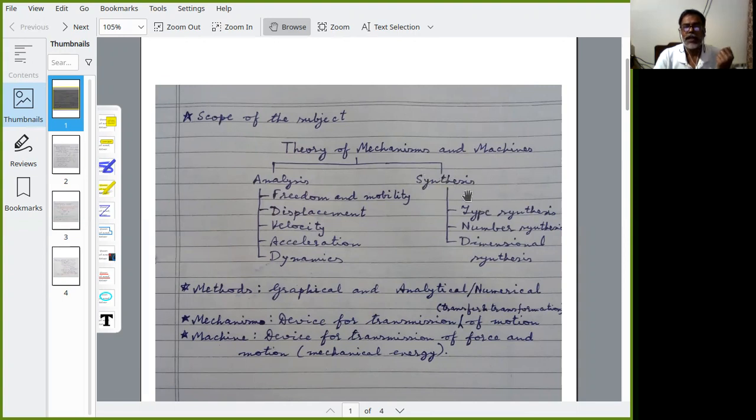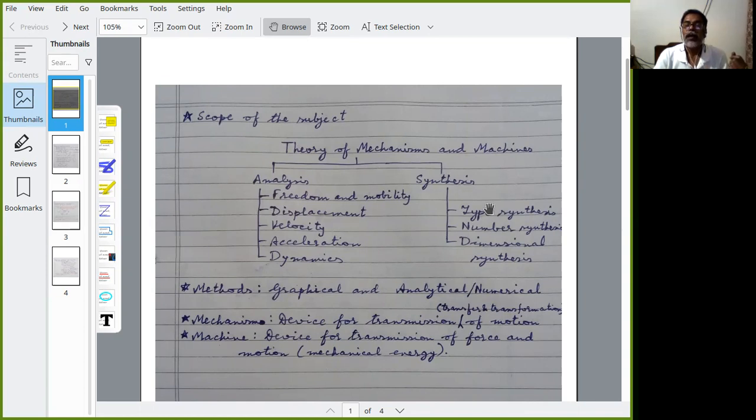And synthesis, that is design of a mechanism, involves several things. One is type synthesis. What kind of mechanism will it be? That is, whether it will have gear transmission, whether it will have cam mechanism, or if not, only linkages, no cam, no gear.